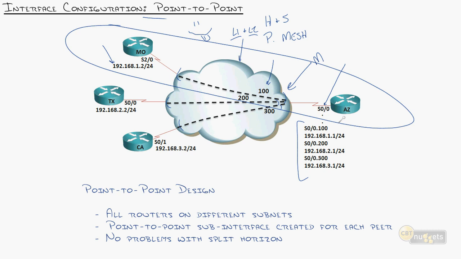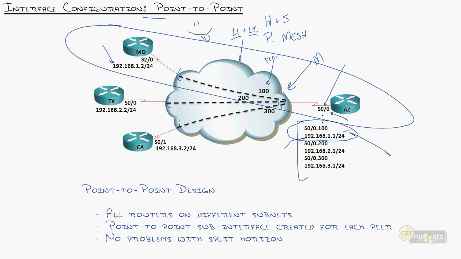There's virtually no configuration under serial 0/0. Instead, like the router on a stick, remember that from the VLAN world? We created a sub-interface. And we said, okay, serial 0/0.100, which conveniently matches the DLCI number, 100. We'll have the IP address 192.168.1.1.